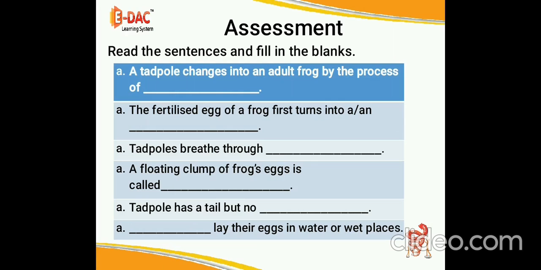Third, tadpoles breathe through dash. Fourth, a floating clump of frog eggs is called dash. Fifth, a tadpole has a tail but no dash. Sixth, dash lay their eggs in water or wet places.